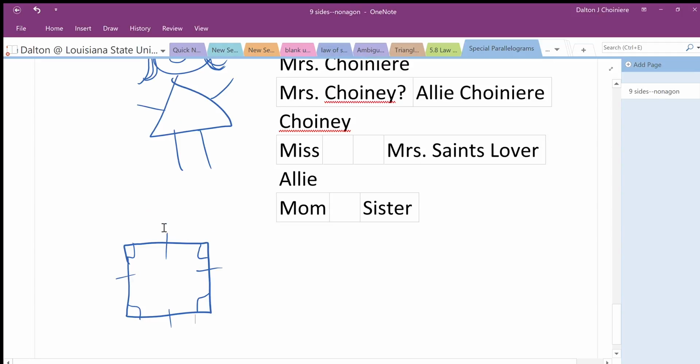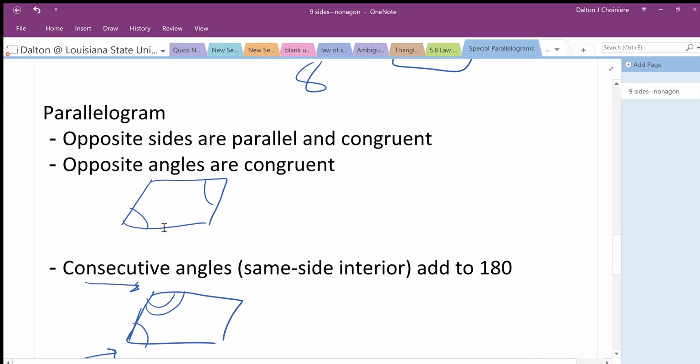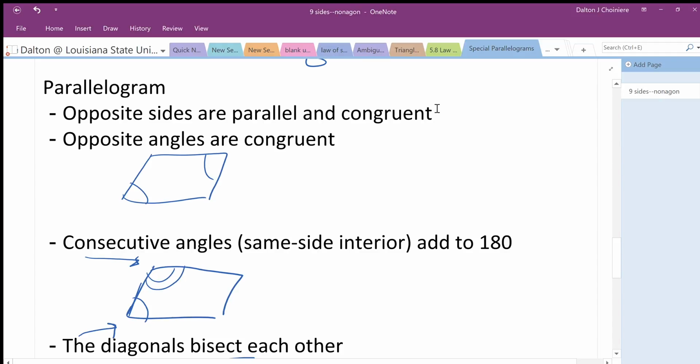I want to scroll up here to my list of parallelograms, and I want to ask you something. Does this hold true in a square? Are opposite sides parallel and congruent in a square? Yes, all 4 sides are the same, so that means the opposite sides are the same, and they're parallel. What about opposite angles in a square? Are they congruent? Yeah, because they're 90 degrees, all of them. So of course opposite angles are congruent.